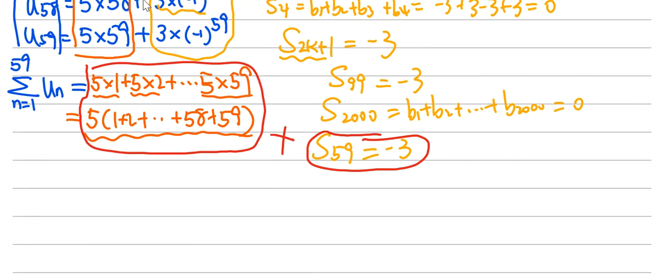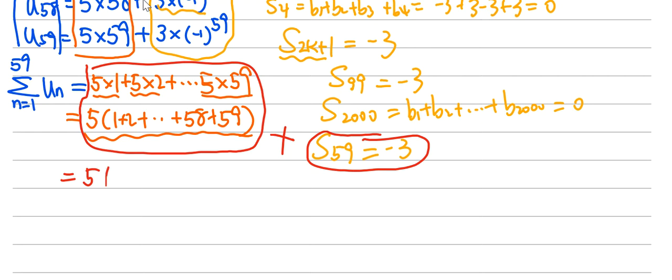Do you agree with me? For the left-hand side, this big chunk of numbers, you know how to do it, right? Because it is also an arithmetic series. So how to do it?